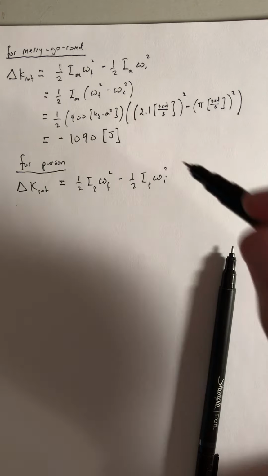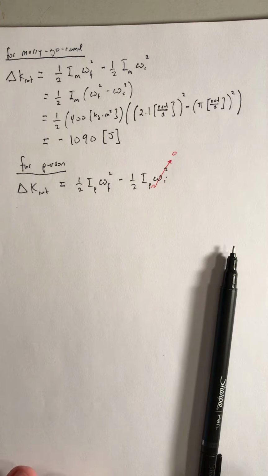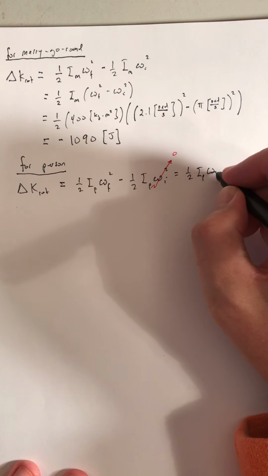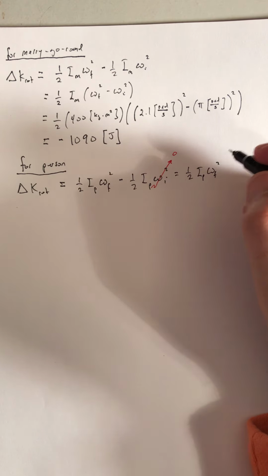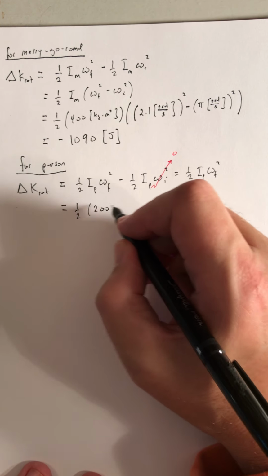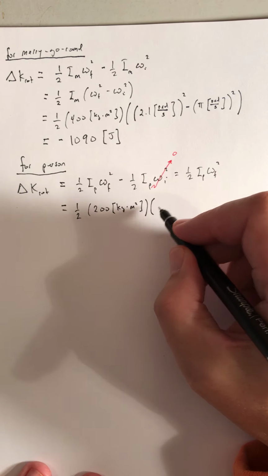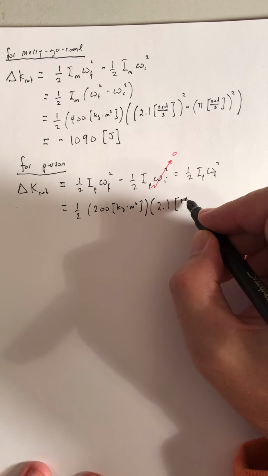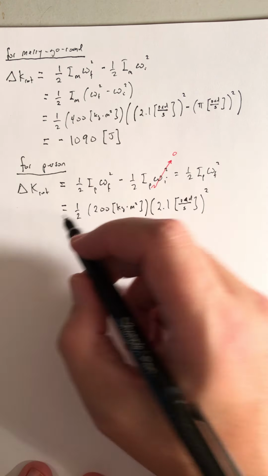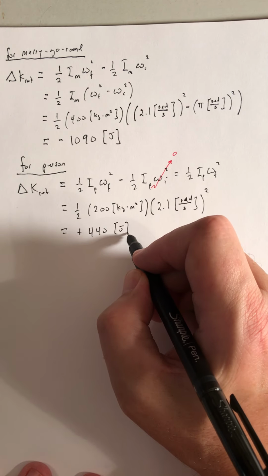And they weren't moving to begin with, so I can drop that term. So it's going to just be their final kinetic energy of rotation. We have the values for that. It's a half, 200 kilogram meters squared, and they're moving along with the merry-go-round. So 2.1 radians per second quantity squared. They gained 440 joules of kinetic energy.